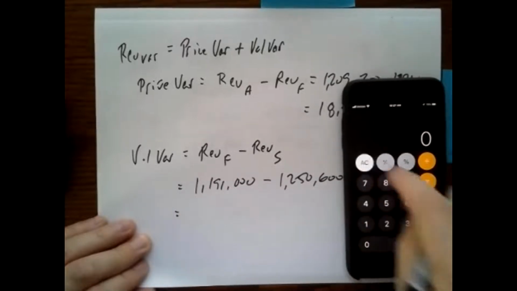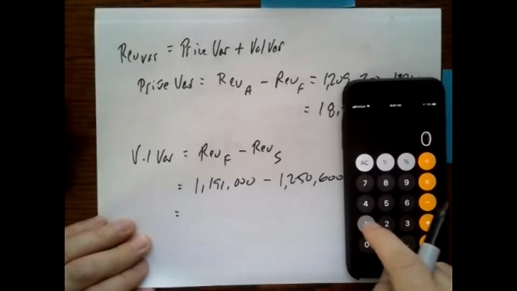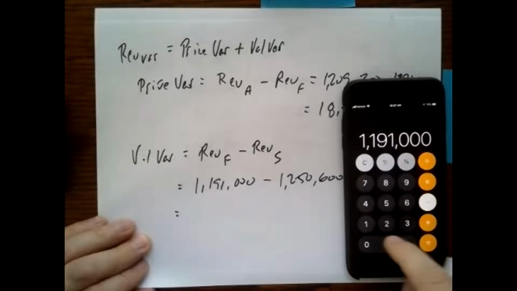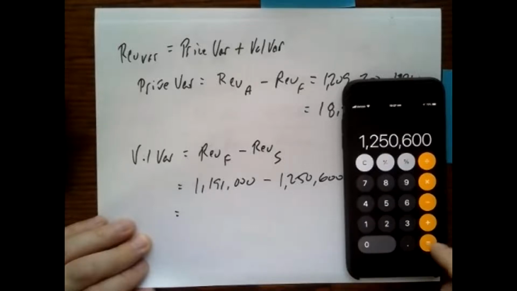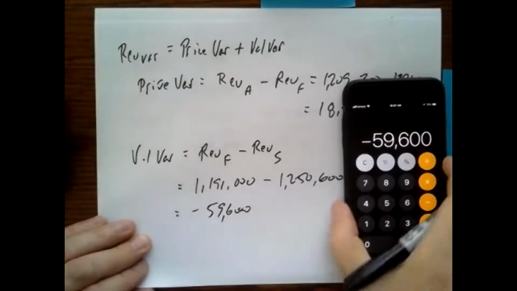So 1,191,100 minus 1,250,600 is minus 59,500.